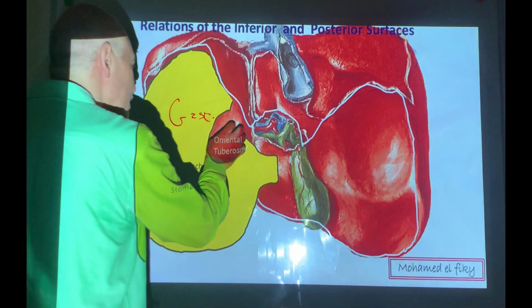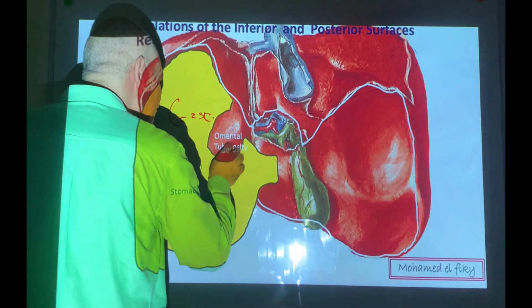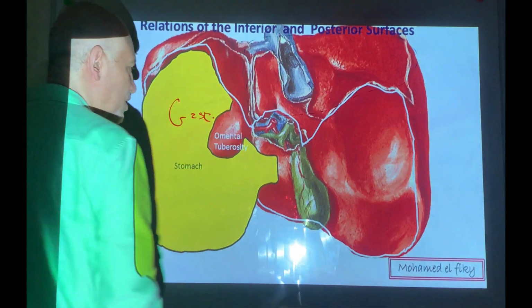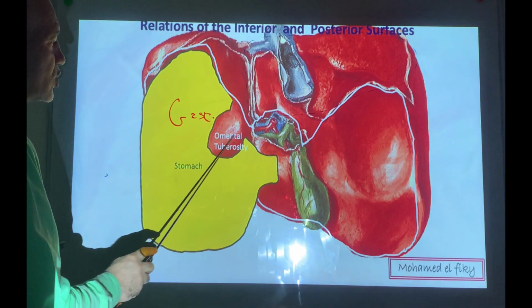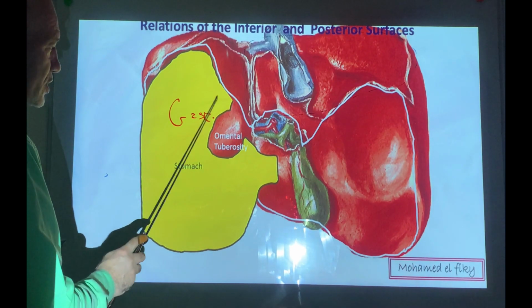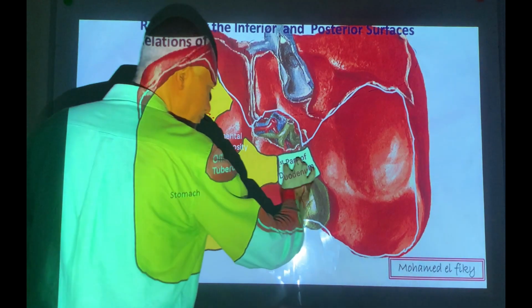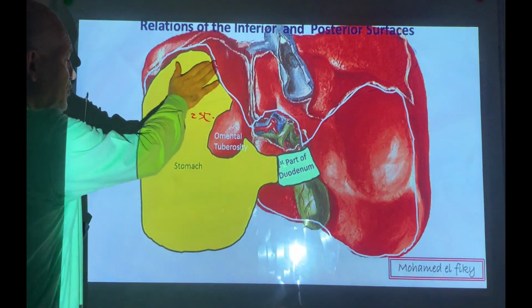But also in this area there is an elevation of the liver called the omental tuberosity. This area is after the stomach.